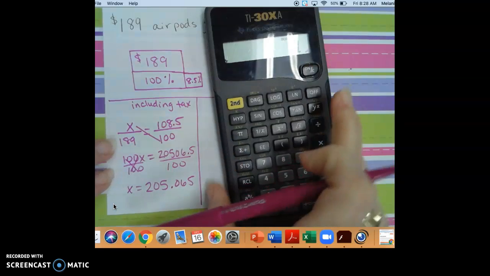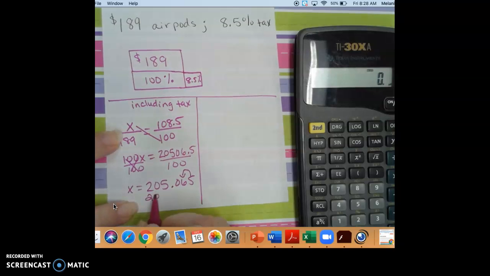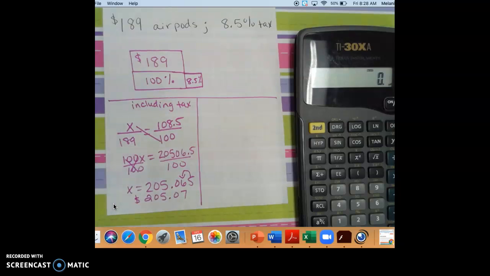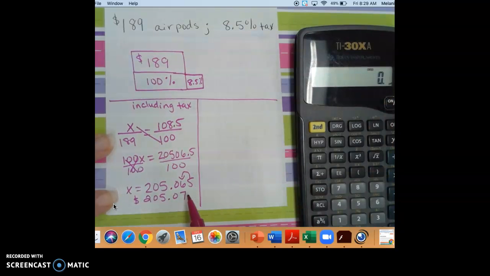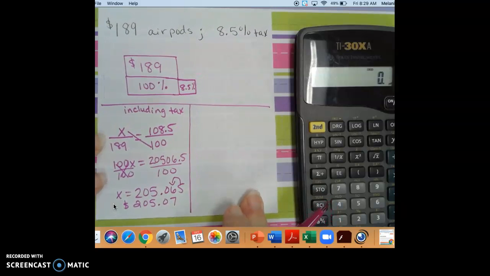Money is only two decimal places. So that 5 is going to make that go to a 7. So my actual answer would be $205.07. Now, unfortunately, what's going to get you on the end of grade test sometimes is it's going to say 06 and it's going to say 07. So we have to be real careful and pay close attention to when we round, especially with money.